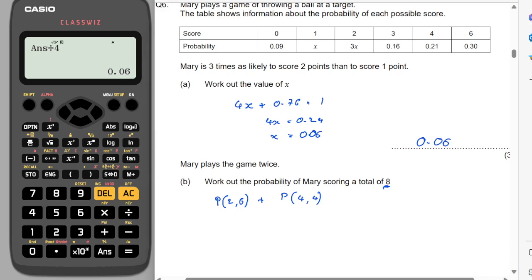And then the only other way she can make it is by rolling a 6 and a 2, which would be different to rolling a 2 and a 6. Okay, so in effect then, let's replace some of these with numbers. So we're looking at 0.18.